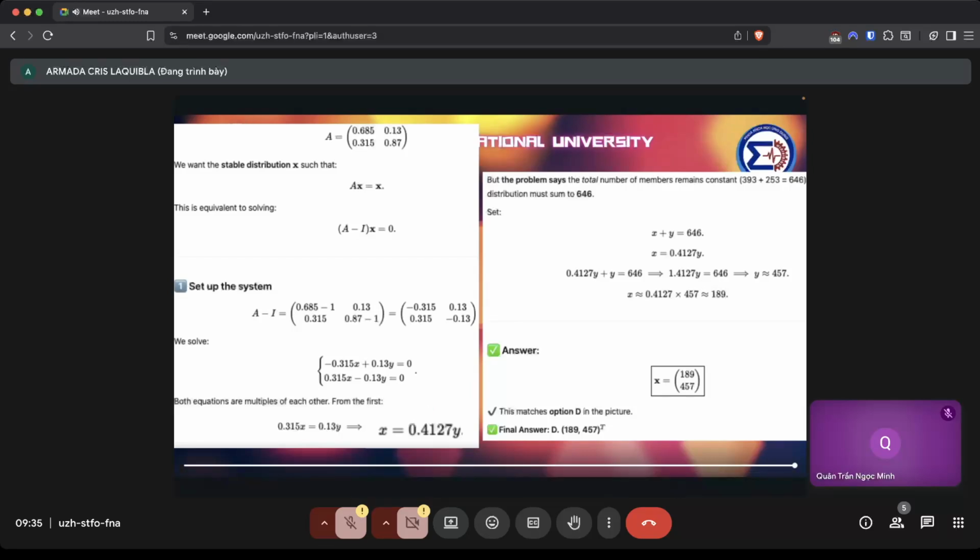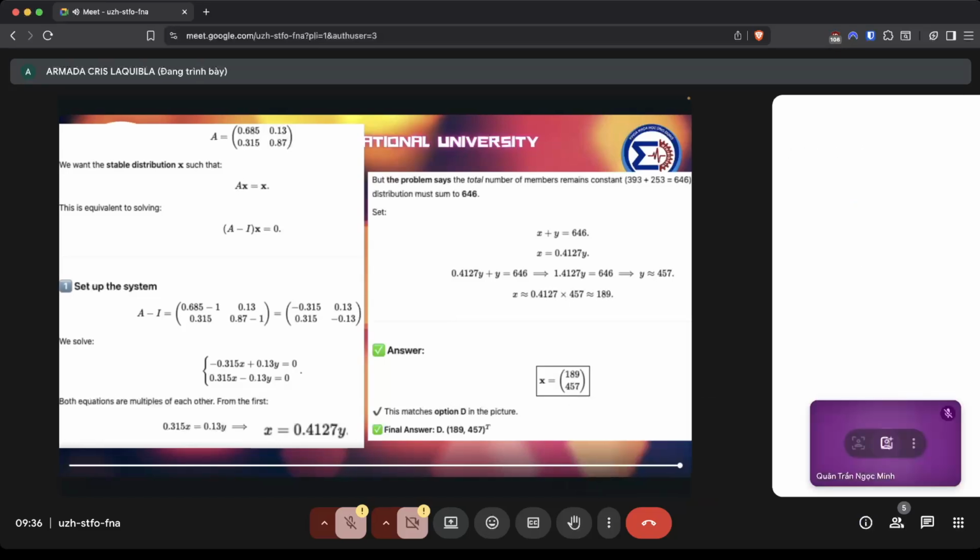As you can see there, class, the total number of members will remain constant. There are only 646 members because you have 393 plus 253 equals 646. That is just the initial number because they will change every year.